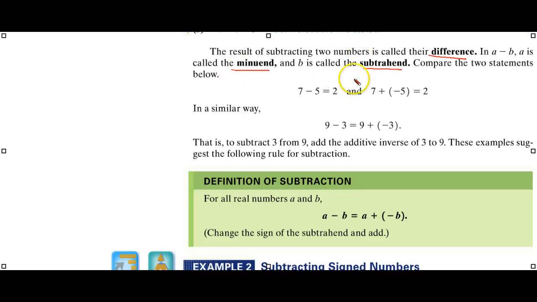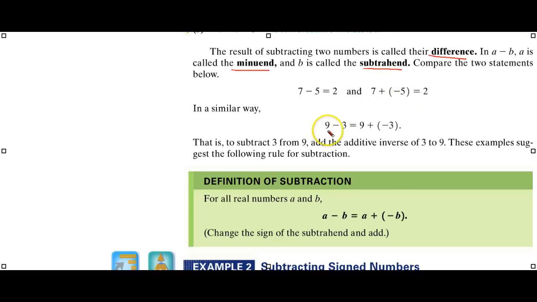And compare the two below. Here, if we subtract a 5 from a 7, we get a 2. Here, if we add a negative 5 to a 7, we get a 2. So these two are equivalent, except this is subtraction and this is addition.